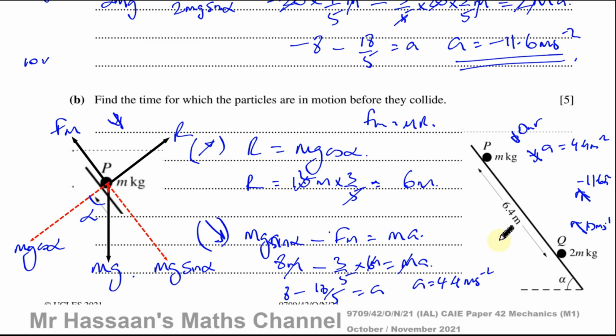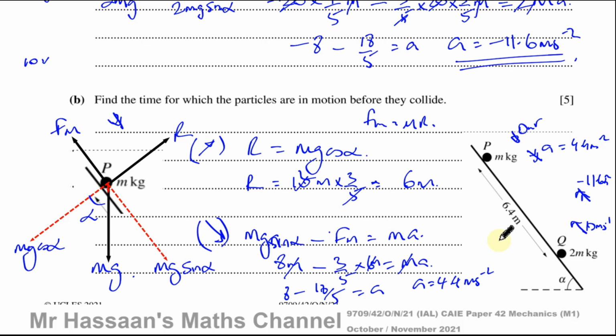The resistance to motion will be the same all the way through because it's going down the whole time. But Q is going to go up, and it might come to rest first and start sliding down the plane.